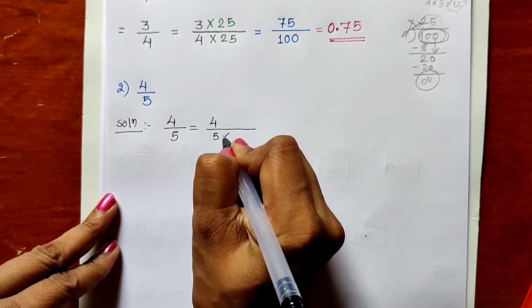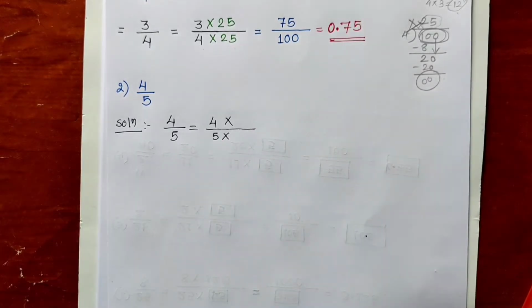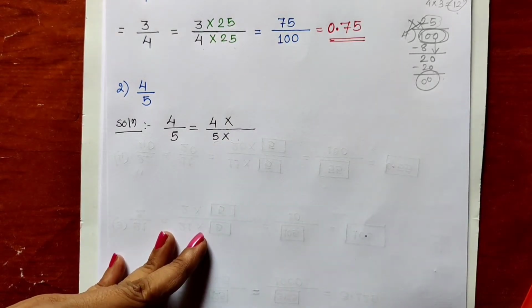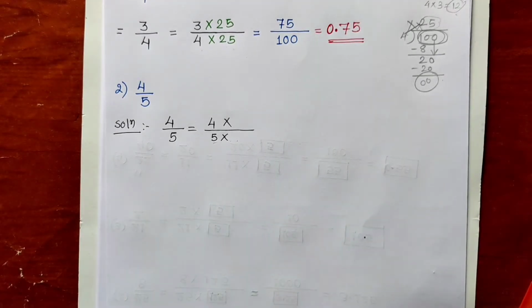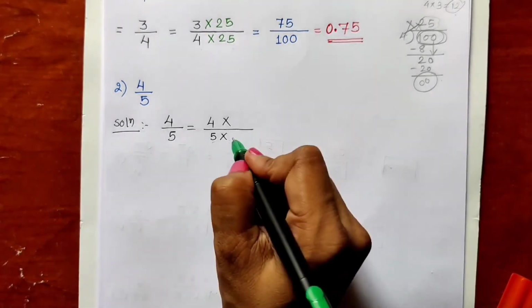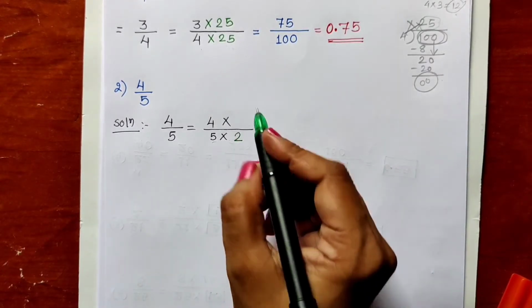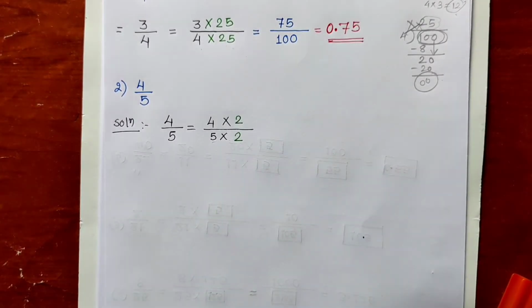Now we have to find out by which number we have to multiply this 5. The answer of this multiplication should be 10 or 100 or 1000. So immediately the number that comes to our mind is 2. When we multiply 5 by 2, we get the answer 10. So as we are multiplying 5 by 2, we have to multiply 4 also by 2.